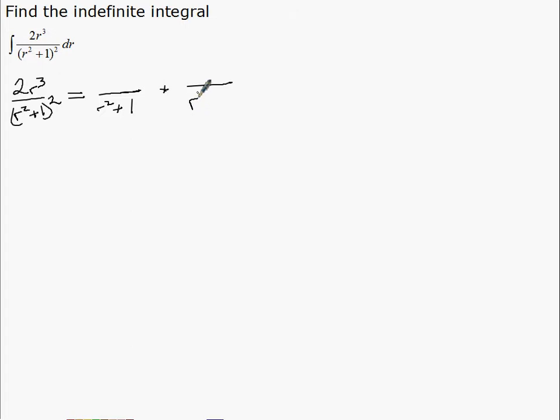Here we have r squared plus 1 all squared. If it was cubed, we'd then have cubed. We include all powers up to and including this one. In the numerator then, because this is quadratic, we need an unknown linear term, ar plus b, and here a different one, so cr plus d.